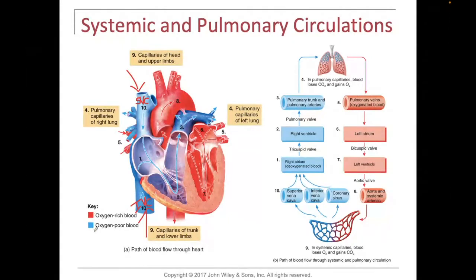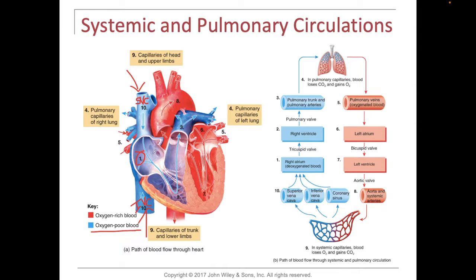And you can see the key down here on the lower left, deoxygenated blood, right? Oxygen poor blood, no oxygen, deoxygenated. So all the deoxygenated blood is now going to pump into number 1, look to the right here, right atrium, deoxygenated blood.